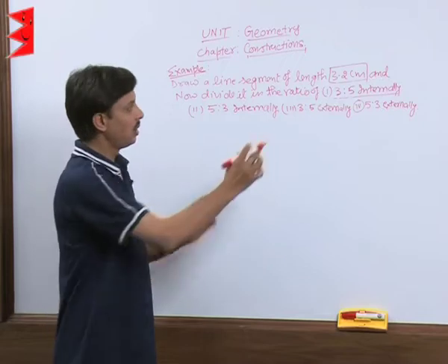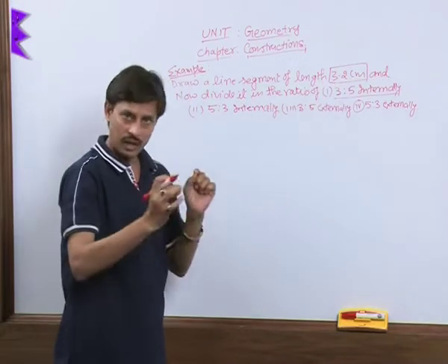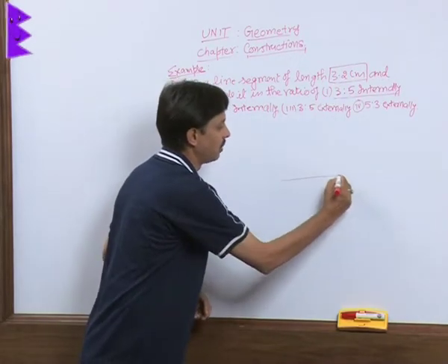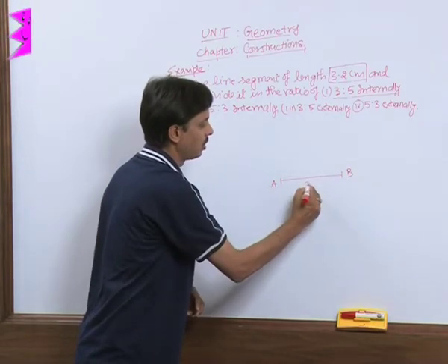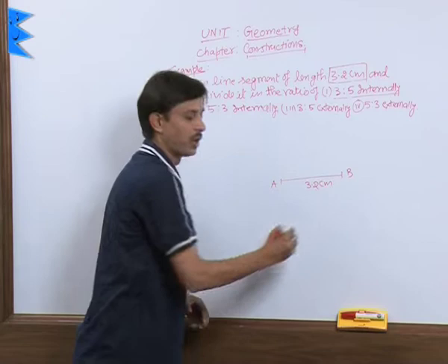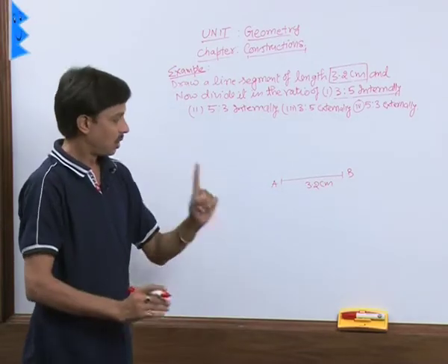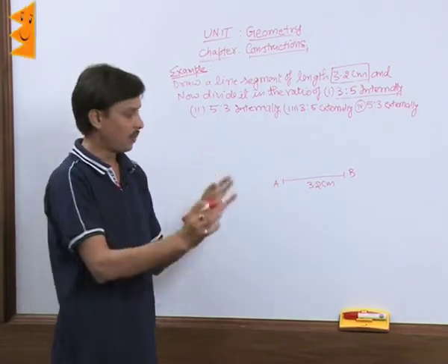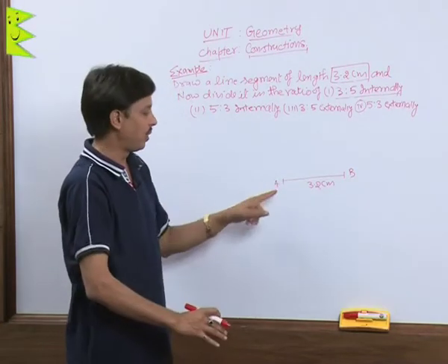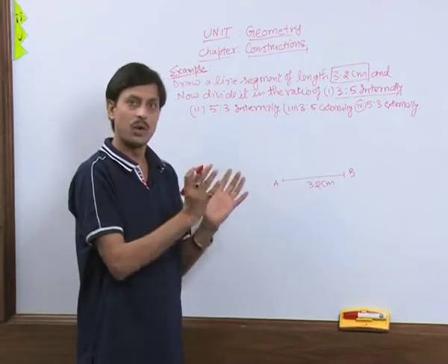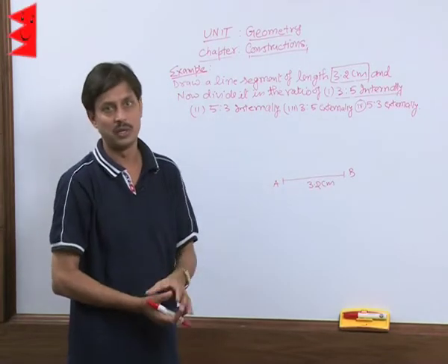First of all, we will take a length of 3.2 centimeter like this, line segment AB. Its length needs to be taken as 3.2 centimeter. Not a tough job. With the help of pencil and scale on a plain piece of paper, we can plot a line segment of given length 3.2 centimeter.